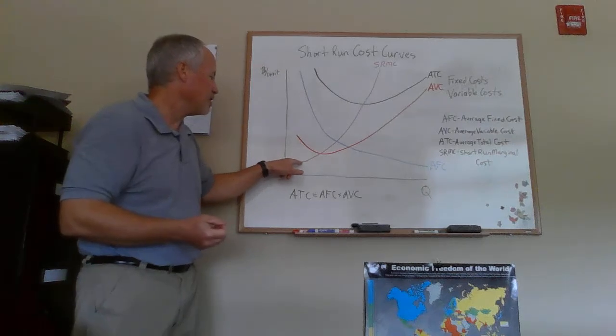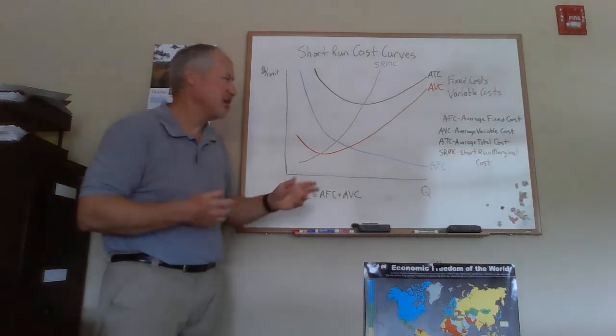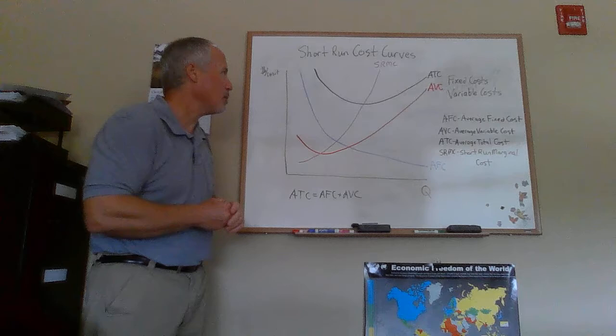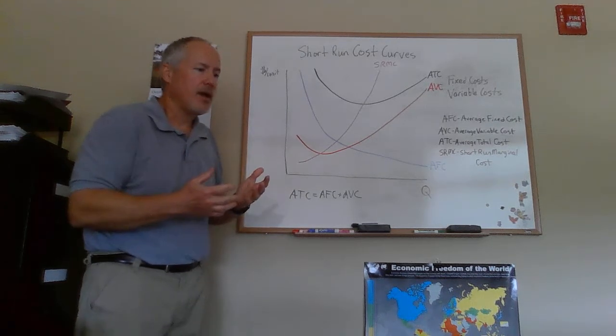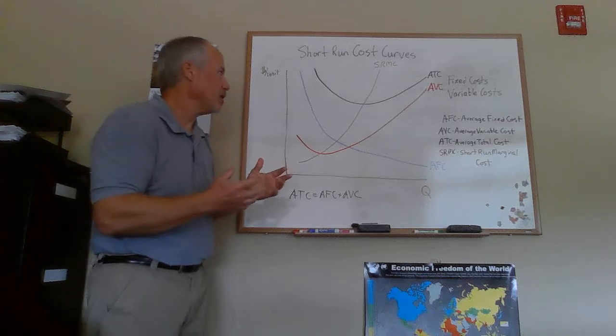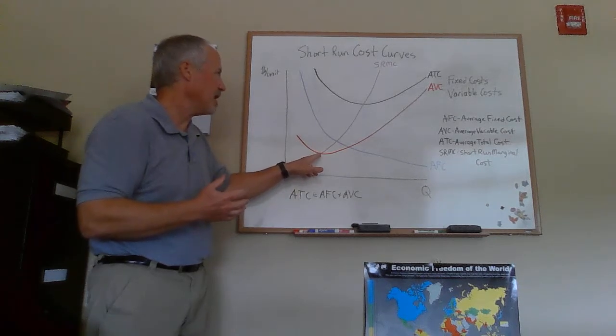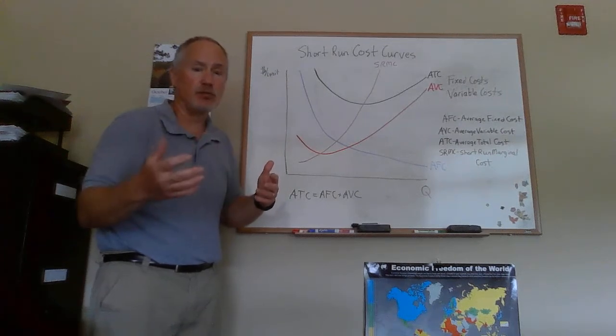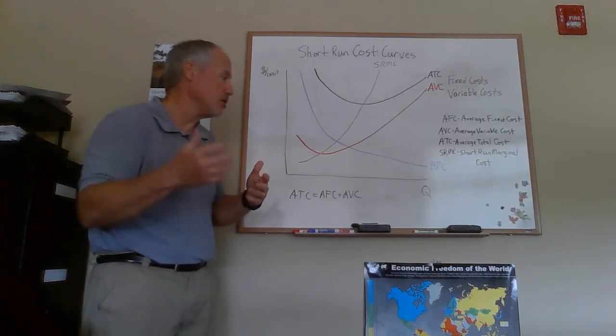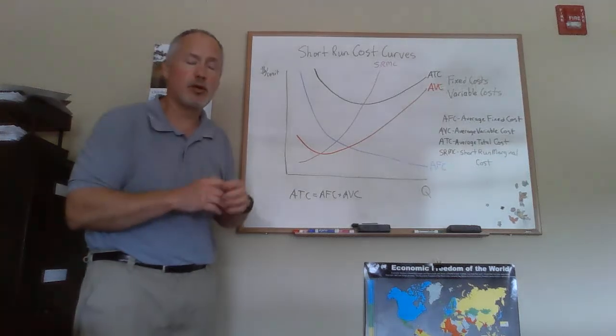Sometimes you might make it with a little bit of a U here. That's not necessary, but we have this upward sloping short-run marginal cost curve. And the short-run marginal cost curve is intersecting the AVC and the ATC at the bottom of the J and U respectively. And that's another thing that has to be true here.